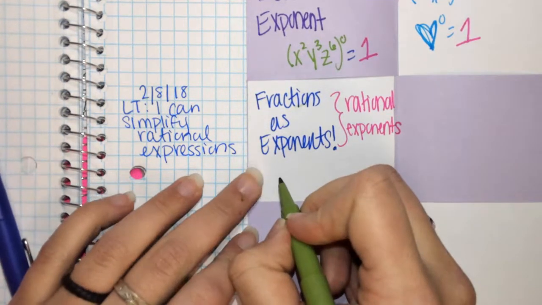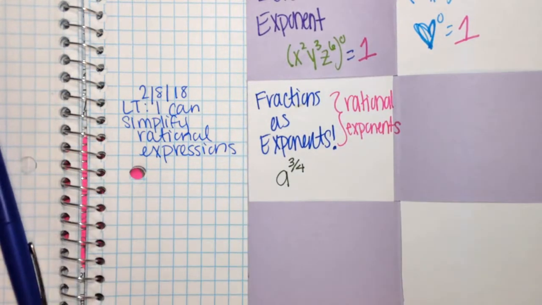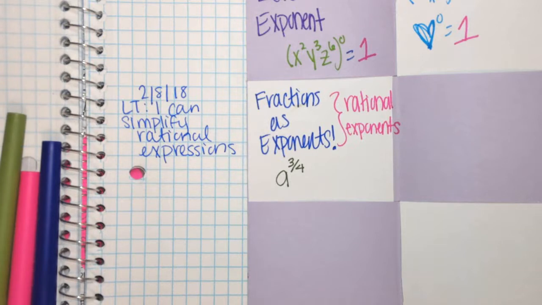So if I wrote a to the 3/4 power, that is a fraction as an exponent, correct? You have to do some magic with it.